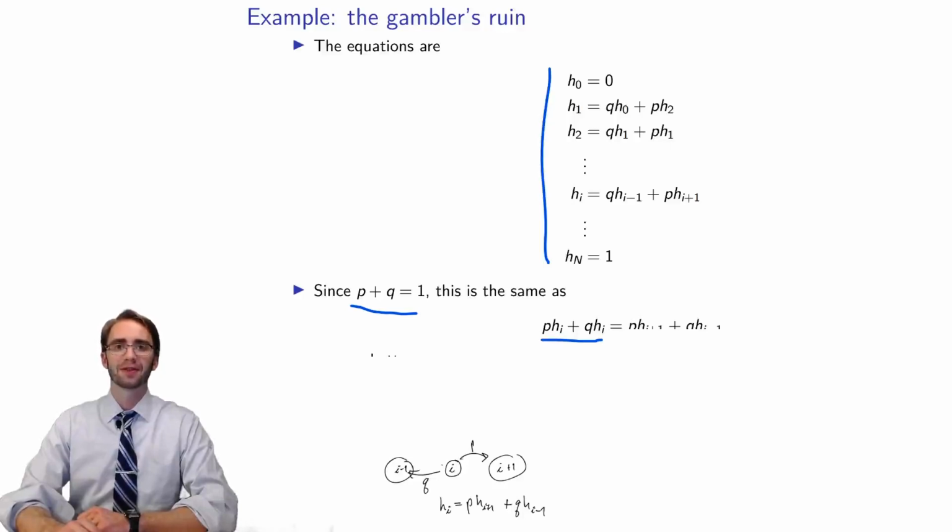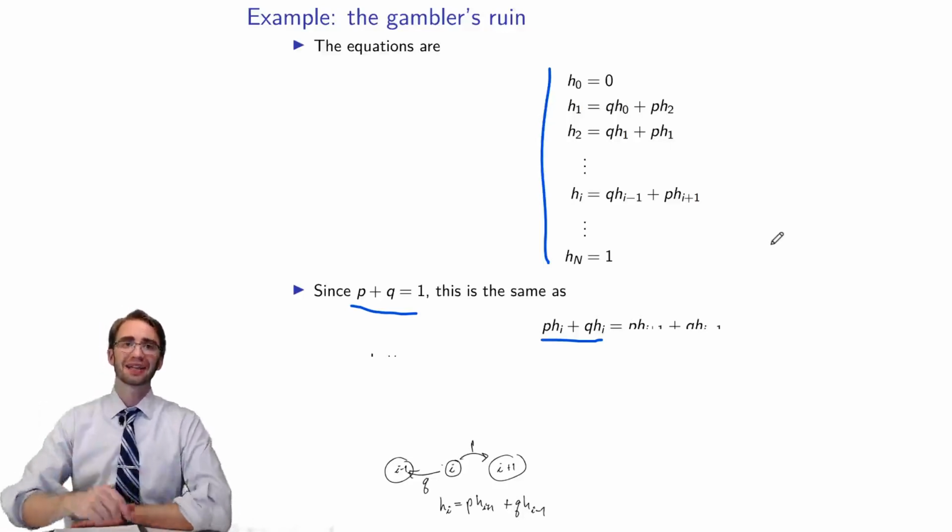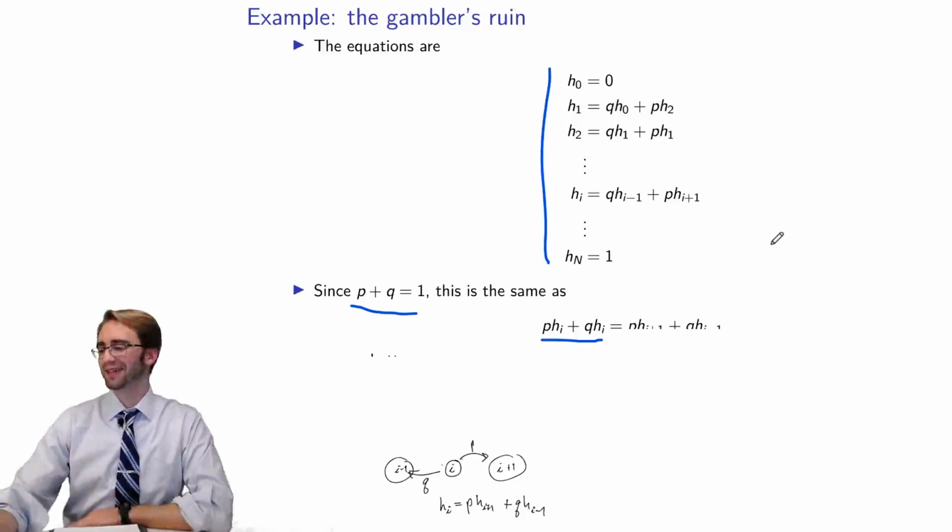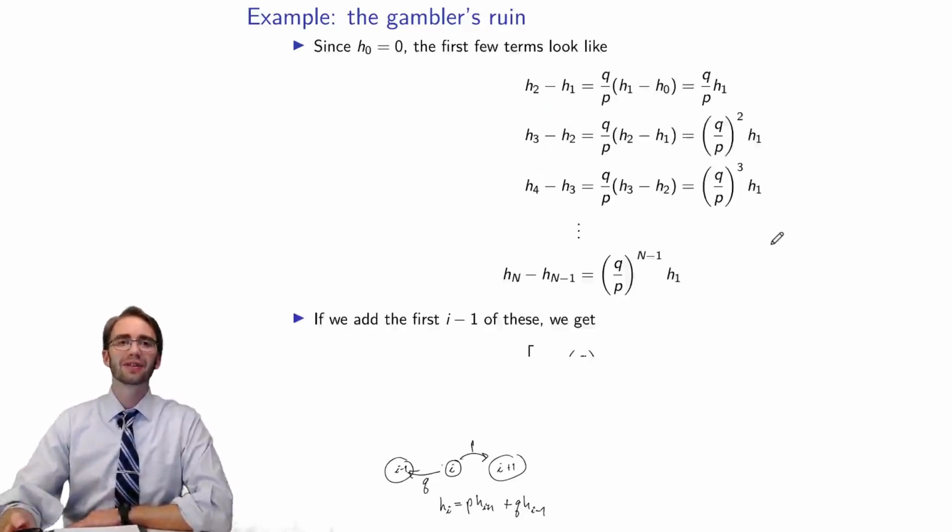H I plus 1 minus H I is equal to Q on P times this difference here. It's okay to let your eyes glaze over a bit. I'm just doing some tedious algebra that you don't really need to remember.